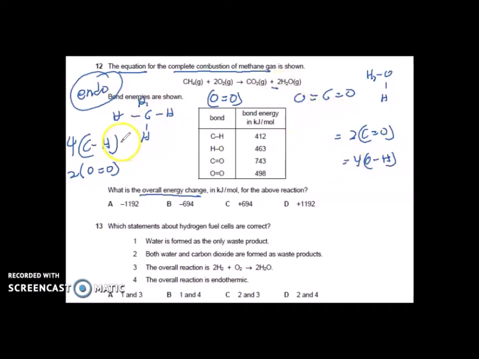So now we do the mathematics. 412 multiplied by 4. This is 489 multiplied by 2. We total up, and here will be 2 times 743, and OH here will be 4 times 463.